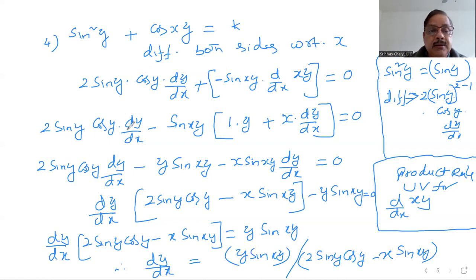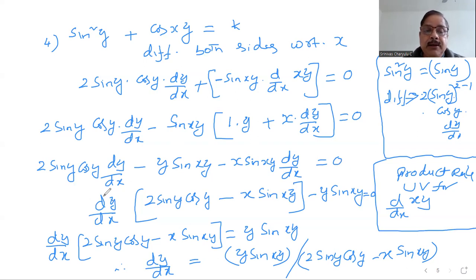This is the uv formula we have applied. Differentiation of x is 1, 1 into y plus x into dy by dx. Then 2 sin y cos y dy by dx minus y sin xy minus x sin xy dy by dx is equal to 0.